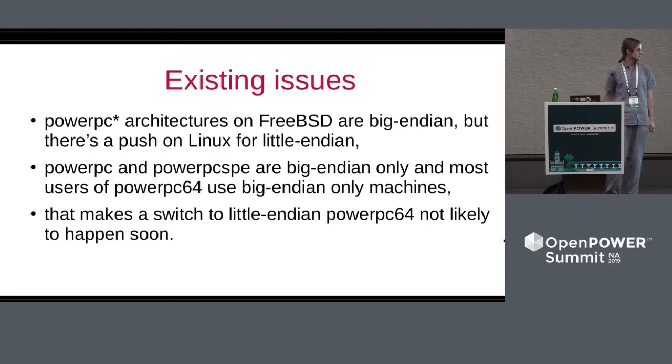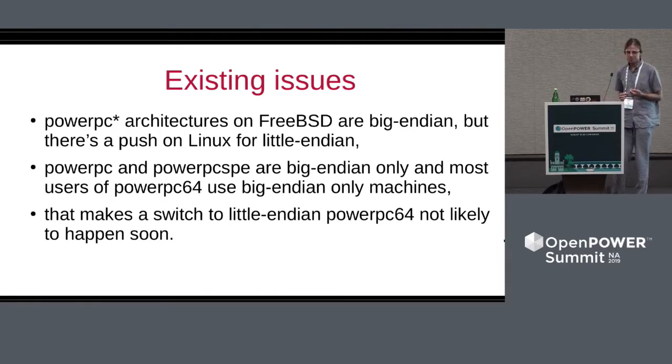What about issues on Power specifically? All Power architectures are Big Endian on FreeBSD, and powerpcspe and PowerPC 32-bit are only Big Endian. There's actually no hardware that is Little Endian, so that's sad.